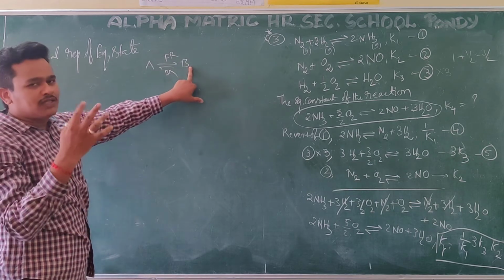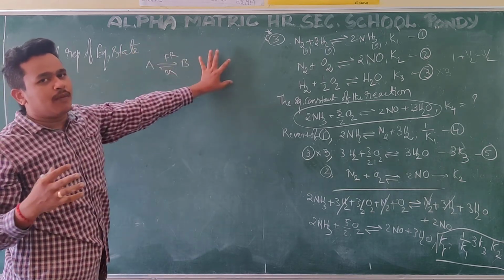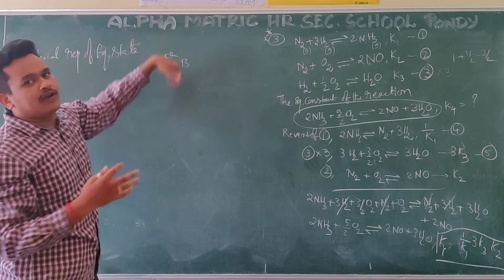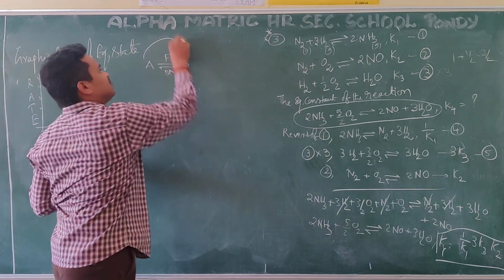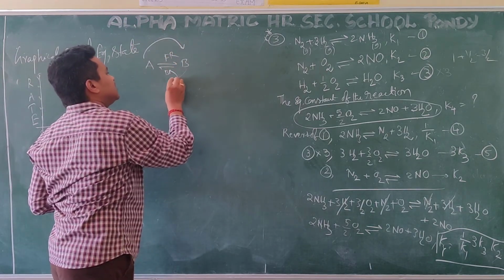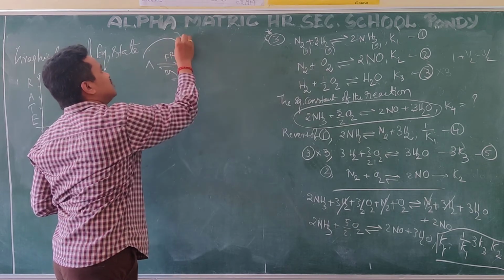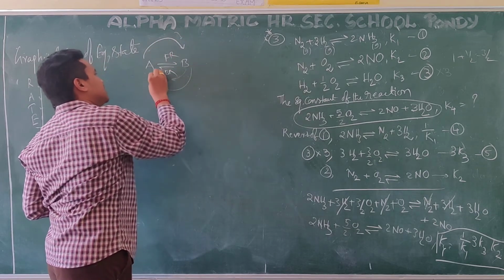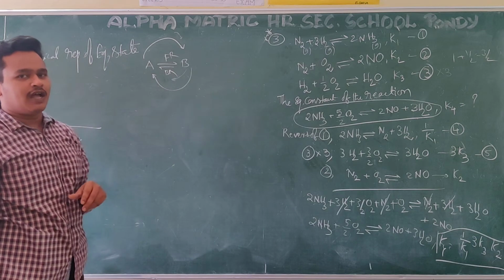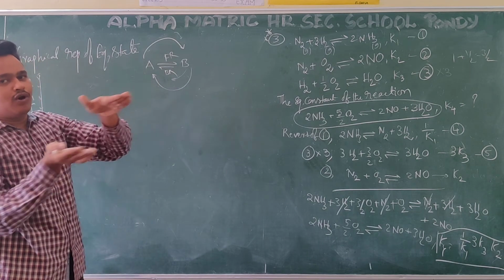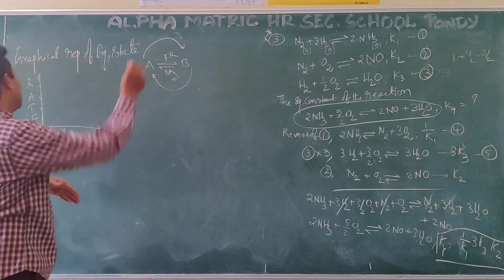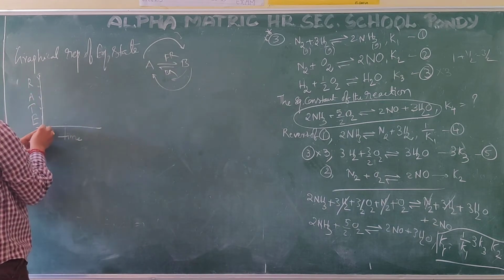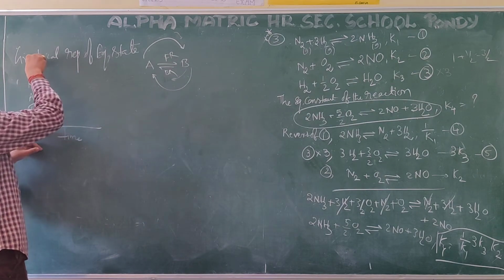Because initially no B is there, only A is there, slowly B is forming. Once B is forming, B is converting into A. So initially this reaction is fast, initially this reaction is slow. After some time this reaction will be slow, after some time this reaction will be fast. So what I have to write is, after some time both will get equal rates. So which reaction is more? Rate values 1, 2, 3, 4, somewhere a high value.